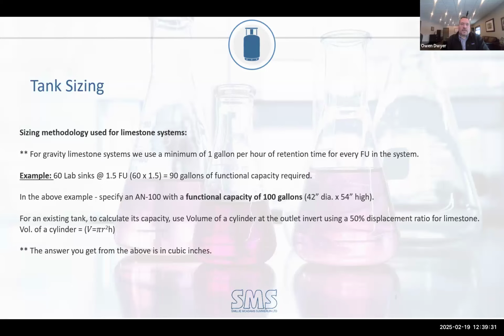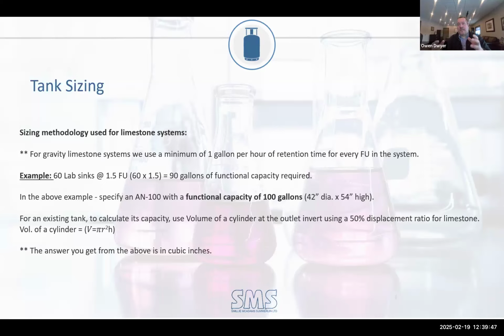For sure. And thanks for bringing that up, Zach, because once you do this calculation of taking your sinks and multiplying by 1.5 fixture units, you're getting how much capacity my tank needs.